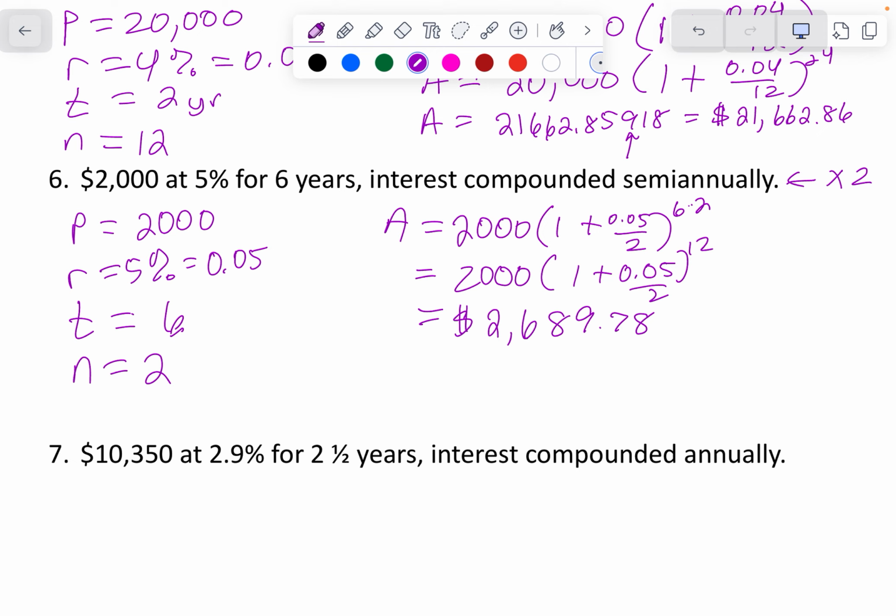Plus 0.05. It should have been the 2. Yeah, see, make sure, that might be your problem. This isn't the time. That's the n, there you go. The n is the number of times per year: annually is 1, semi-annually is 2, monthly is 12. It'll be the same. Looks like we had the same answer here. Okay. Fine.